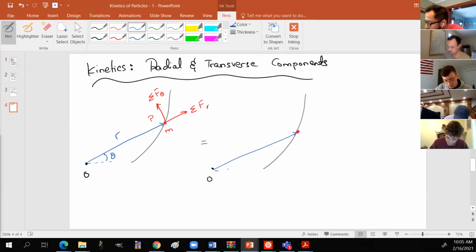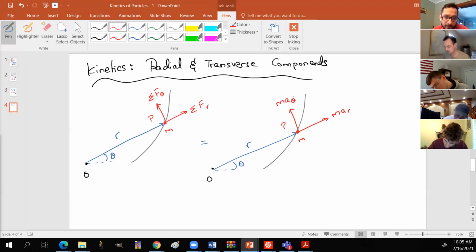So everything's the same. Theta, r, but now you're looking at your accelerations, right? So you have your P, m a_r, and m a theta, like that, right? So we write the expressions out.